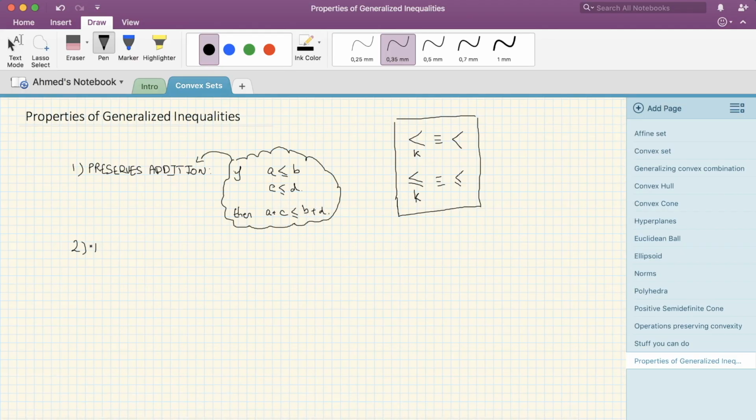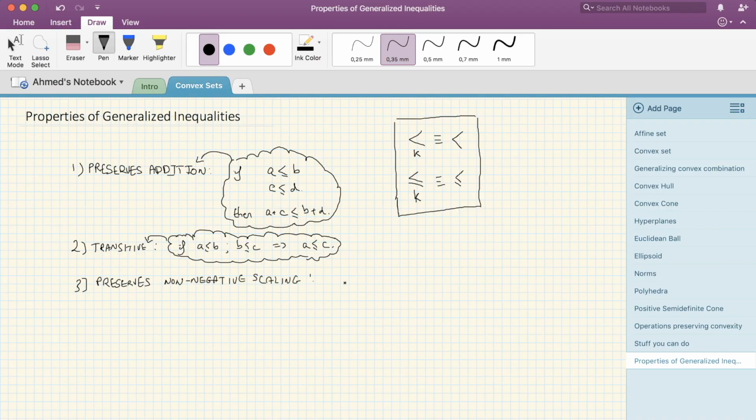Next, we have the transitive property. And what does that mean? It means that if a is less than b and b is less than c, then a is less than c. I'm not going to prove them here. They're really easy to prove. All you need is the definition. This inequality is also preserved under non-negative scaling. If I have a less than b, then if I grab any positive or non-negative scalar, I can scale with no problem.